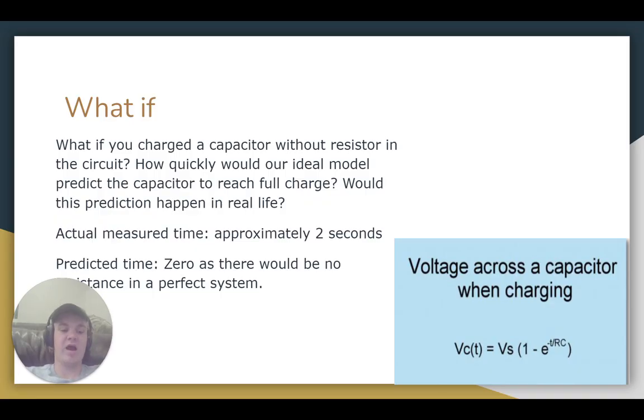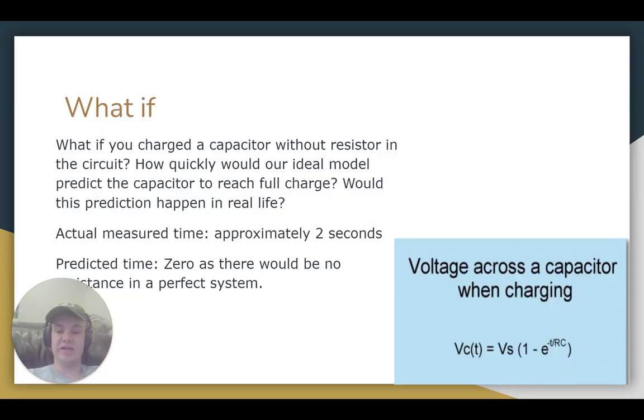So it would be taking something to the negative infinity exponential, which turns it into 0. So the voltage of the capacitor would instantly and always be the voltage of the system.